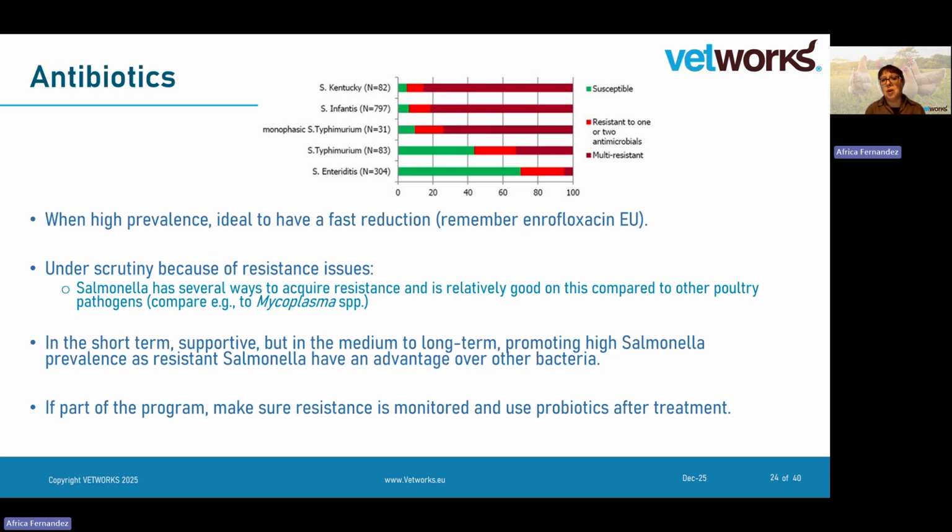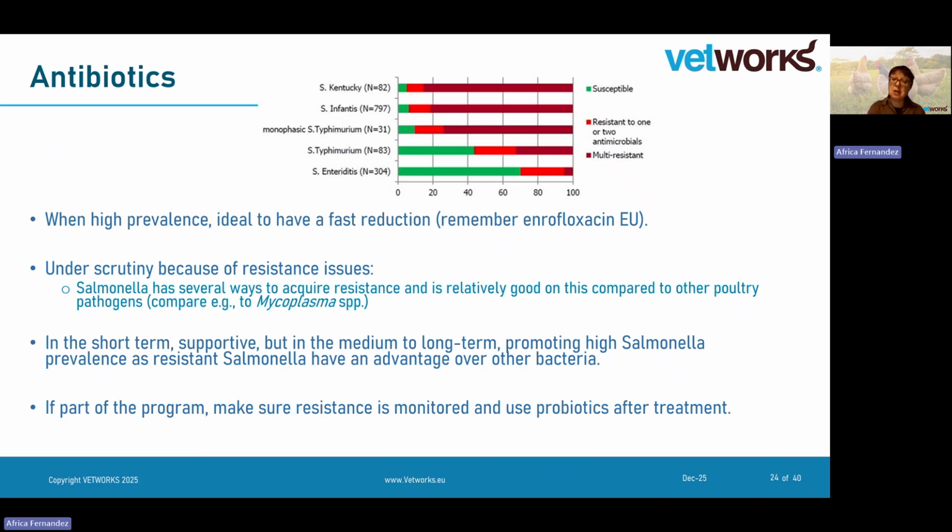So we should minimize as much as possible the requirement to use them in general, but specifically against Salmonella. And we should monitor when we use them to see what is happening with the resistance.